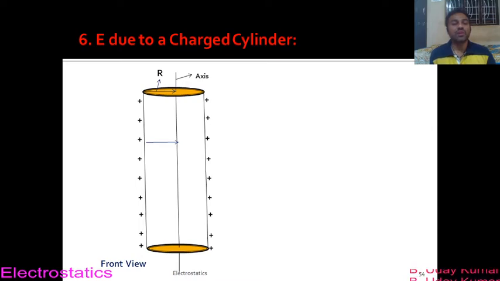You already know what a charged cylindrical conductor is. The charged cylindrical conductor is the conductor in the form of a cylinder on which the charge is distributed uniformly, as shown in the figure.